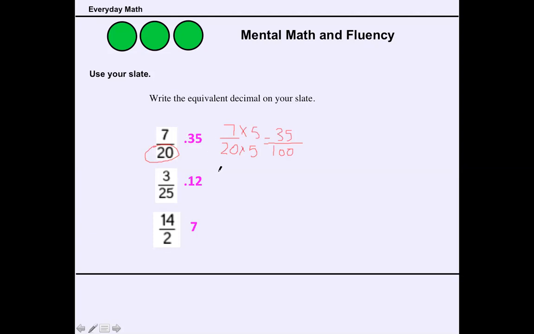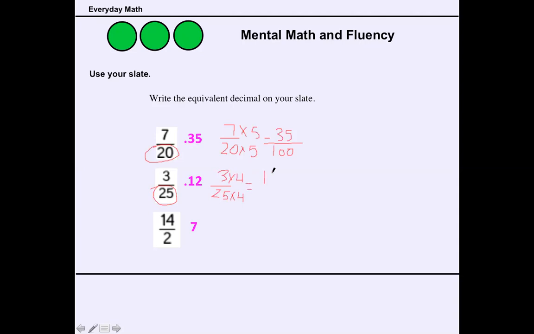I'm going to do the same thing for 3/25. I'm going to turn the denominator into hundredths. So I'm going to multiply the bottom. Think of money. If I have 4 quarters, I have $1 or 100 cents. And I'm going to multiply the numerator by 4.